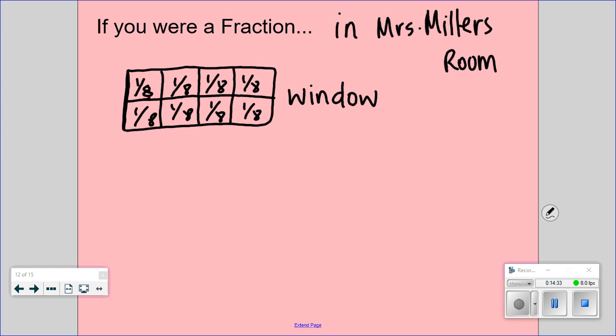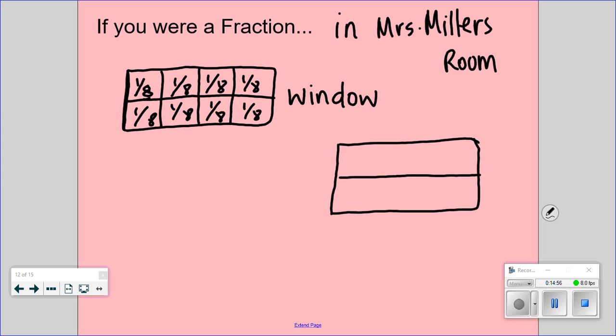Brayden? That shelf right there. The shelf where our whiteboards and crayons and extra copies are. So I have my whole big shelf, Brayden, and how many different parts is it partitioned into? 6.